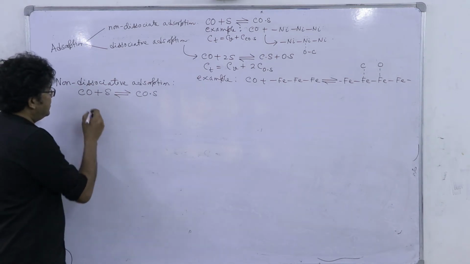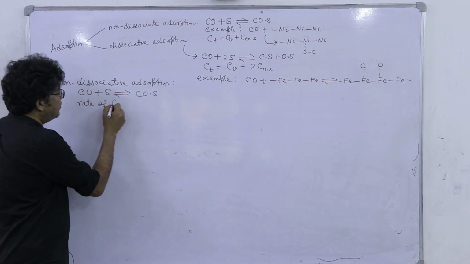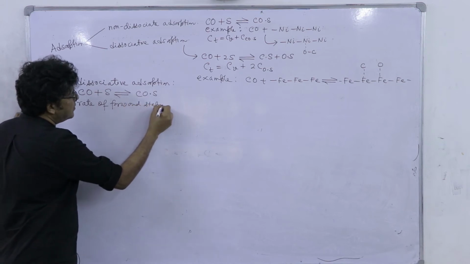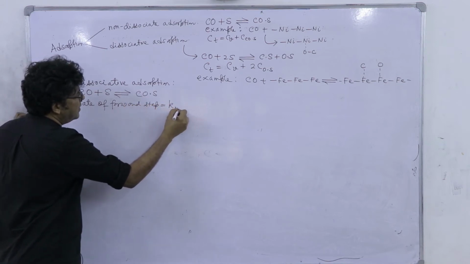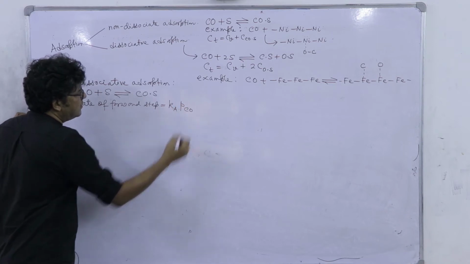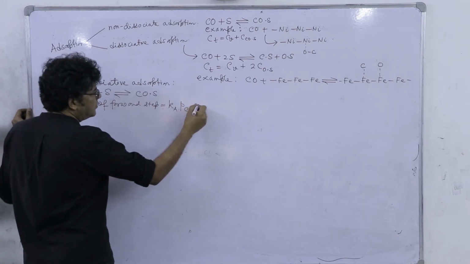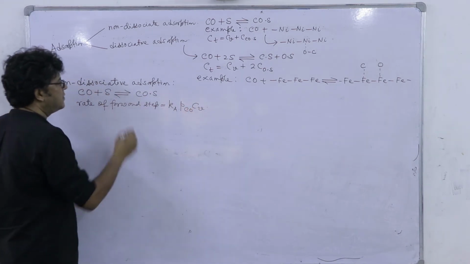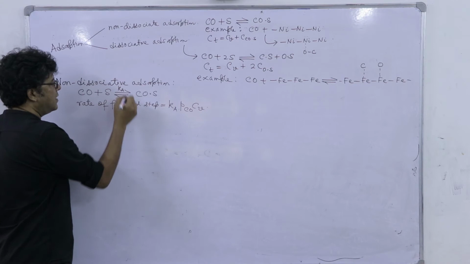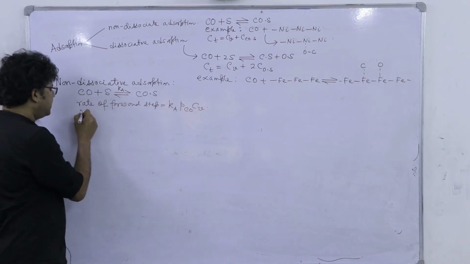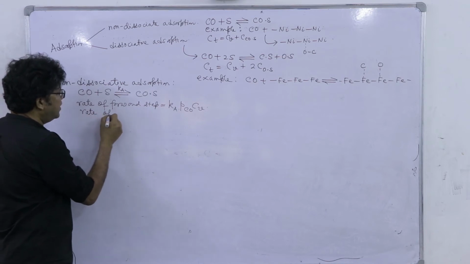So you see that the rate of the forward step will be Ka, then carbon monoxide concentration represented in terms of partial pressure, and CV, the concentration of the vacant sites, free sites. So here the rate constant is Ka. Definitely there will be desorption. So that is a backward reaction.